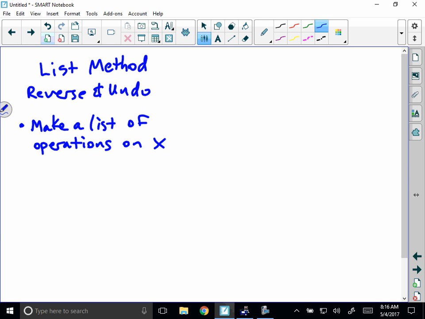It's kind of tough to make the list if I'm being completely forthright, and I should make it a little bit stronger than saying make a list. I should say make an ordered list of the operations on X. What happened to X? Here's where the reverse and undoing comes into play.